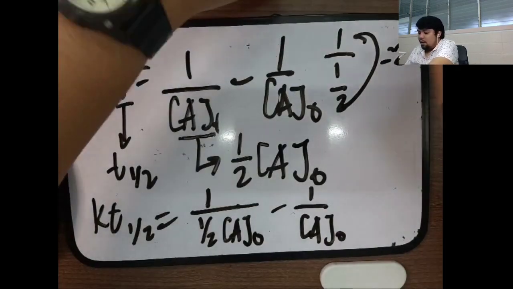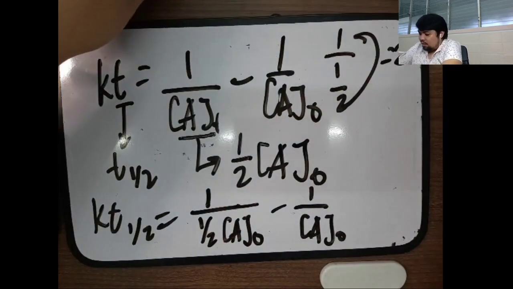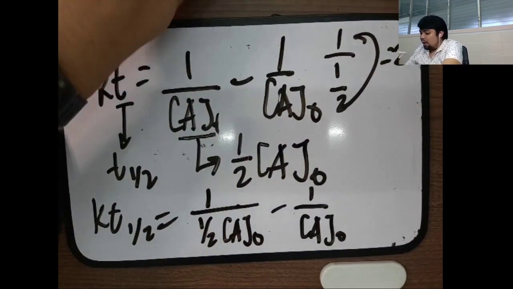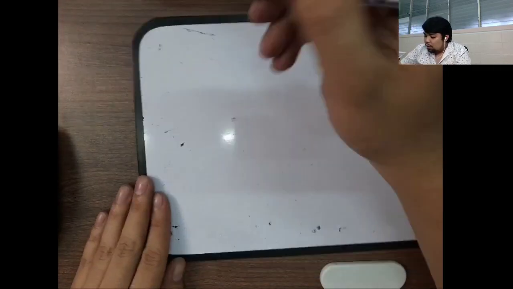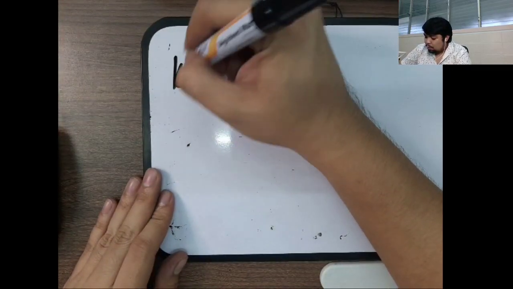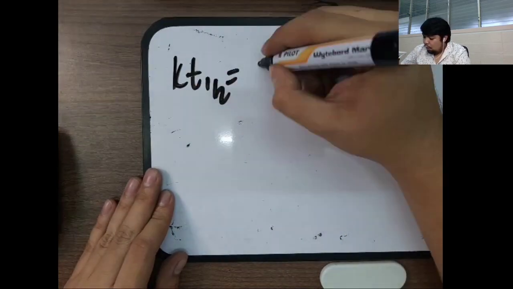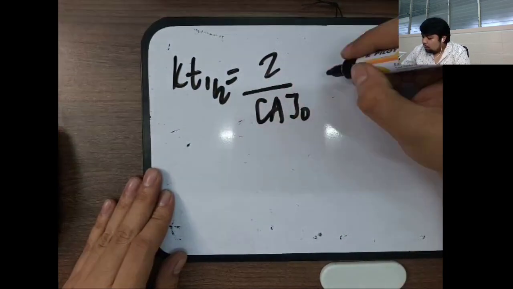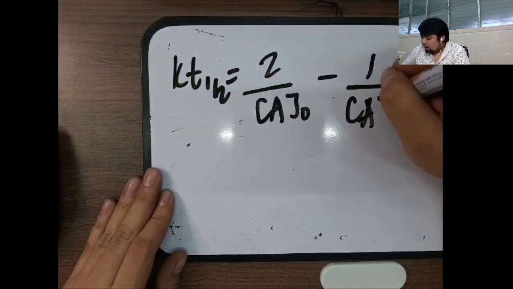Therefore, wait, I need another whiteboard. Therefore, the integrated second order law can be transformed into this one: 2 over A null minus 1 over A null.